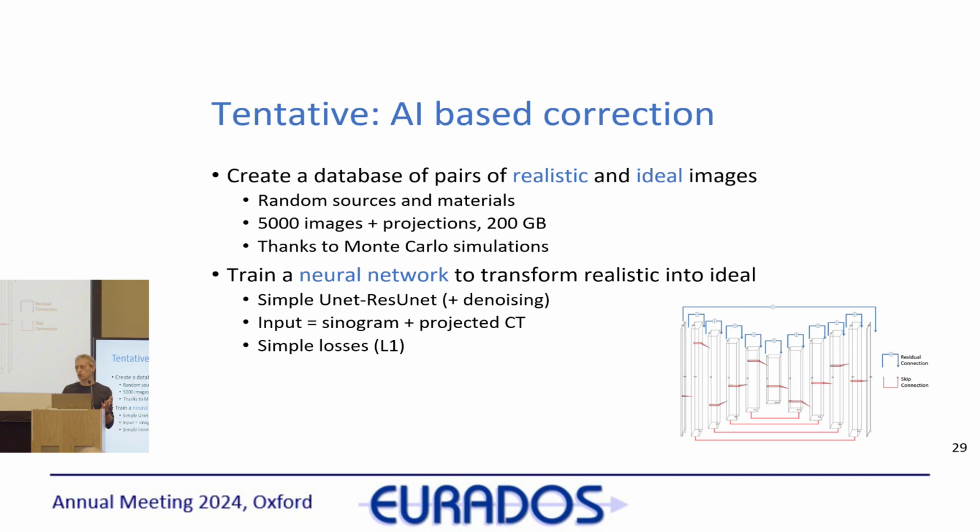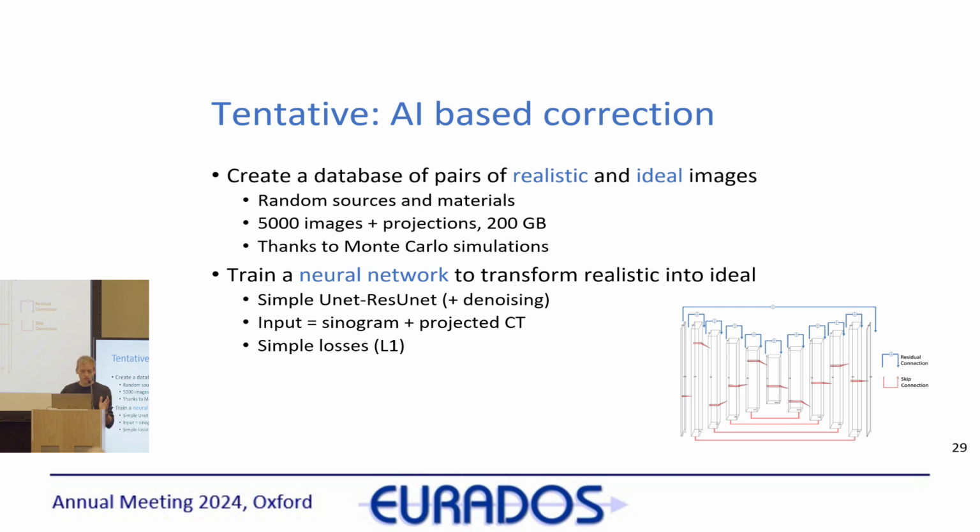But because it's simulation, we can cheat a bit and change the properties of the collimator and obtain ideal images. Then we have pairs of realistic and ideal images, and by doing so, we can generate thousands of images and train a neural network to transform those realistic images into ideal images.